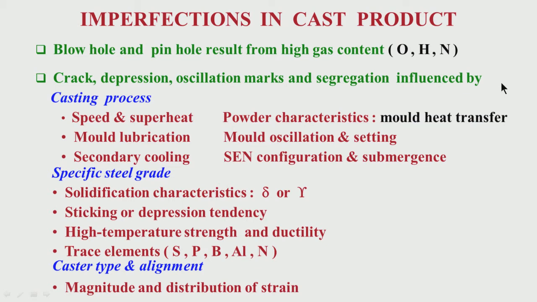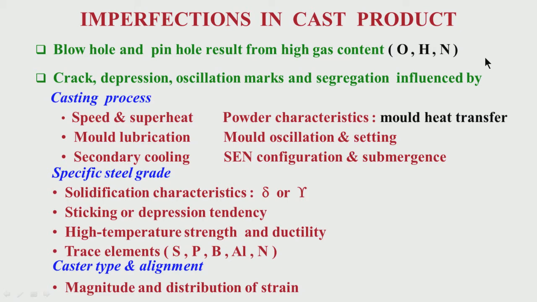Segregation means partitioning, because the solubility limits of solid and liquid are different. For all these solutes, the solubility limit in solid is less compared to the liquid. So, what happens when solidification is taking place? There is a movement of alloying elements from the solid to the liquid. Why?